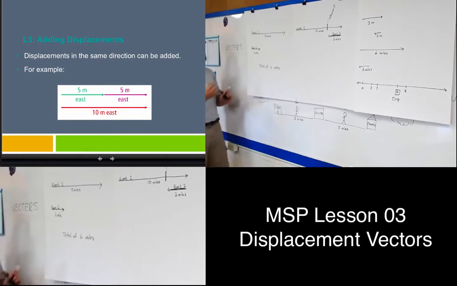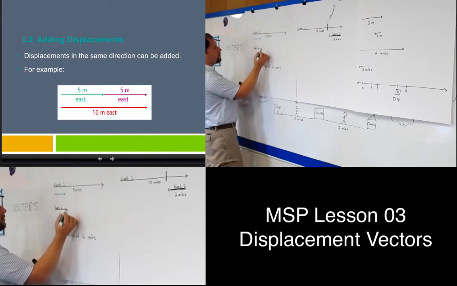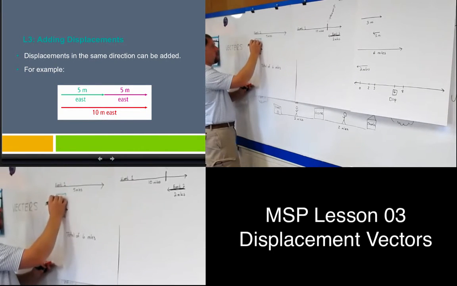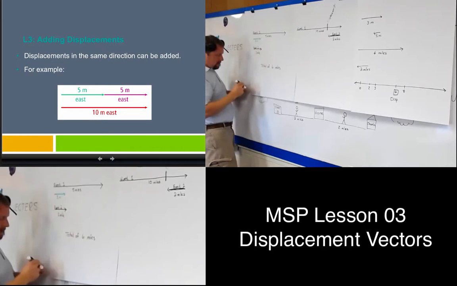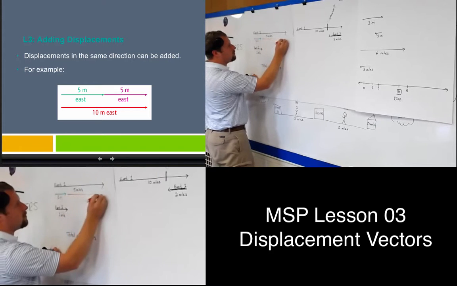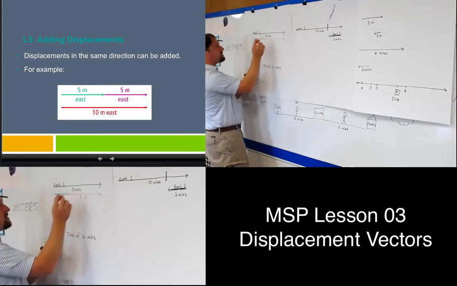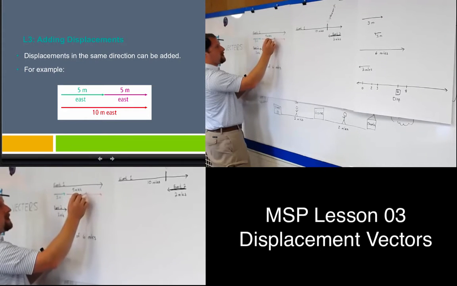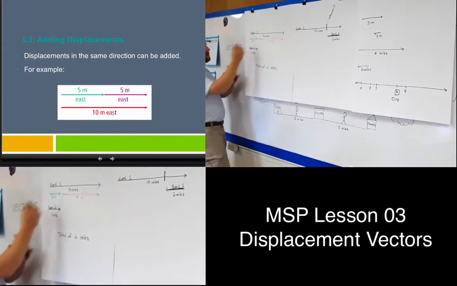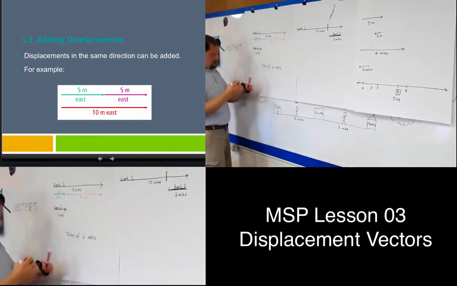But I could have also gone 1 mile, so I'll just put a 1 mile. And I could have also gone 4 miles, and I could say these are event 1, so I'll just put E1, E1.